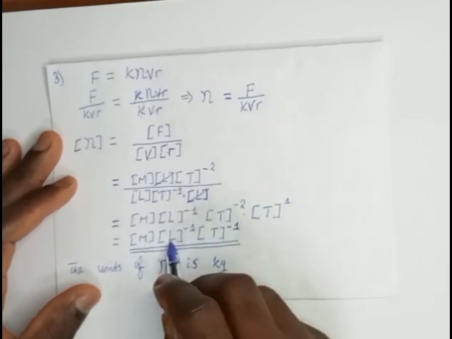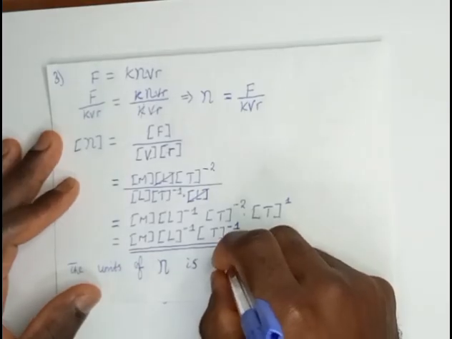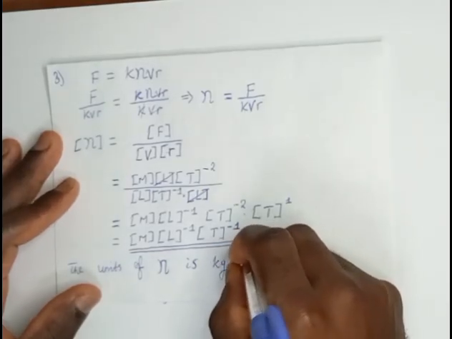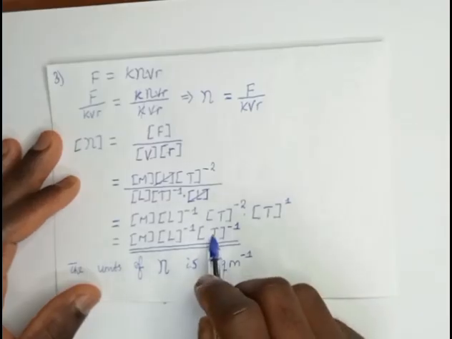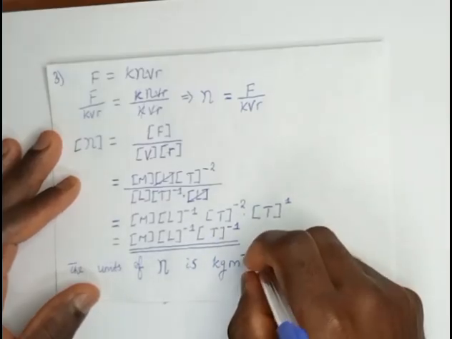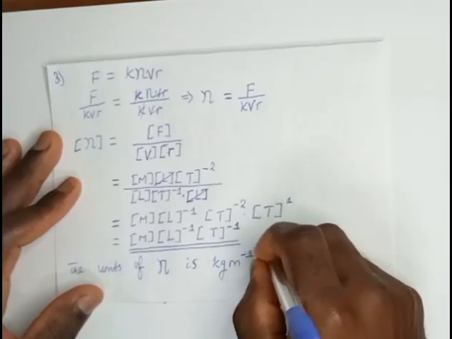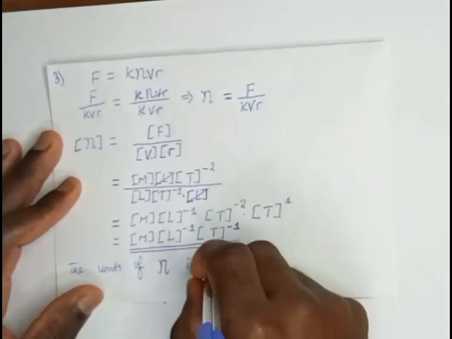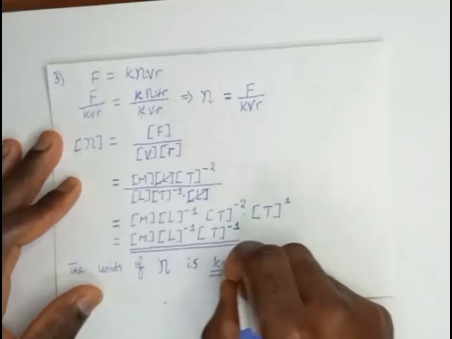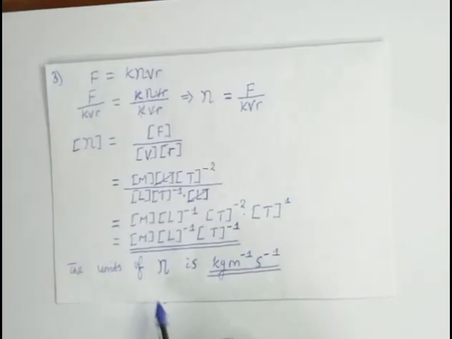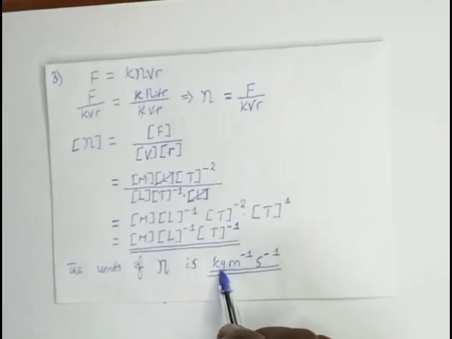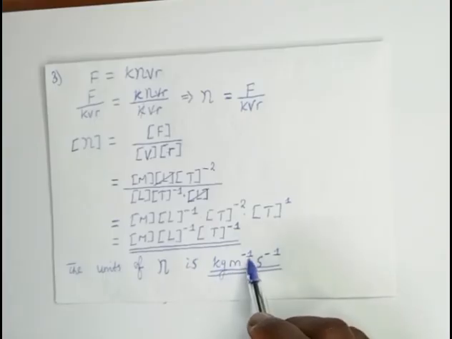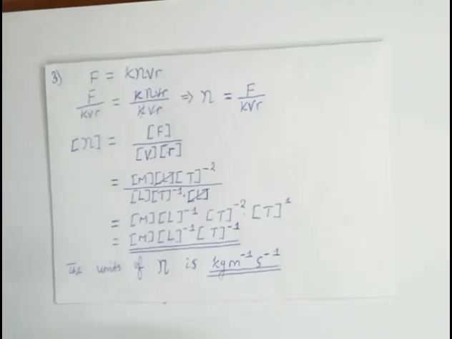We replace L with the unit of length, which is meters to the power negative 1. We replace T with the unit of time, which is seconds to the power negative 1. Therefore, the units of the coefficient of viscosity is simply kilograms per meter per second.